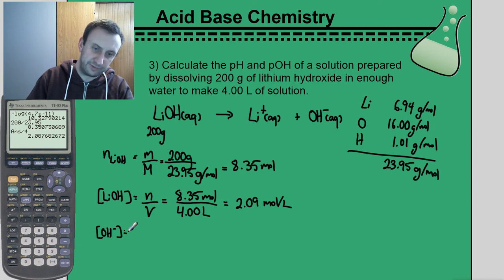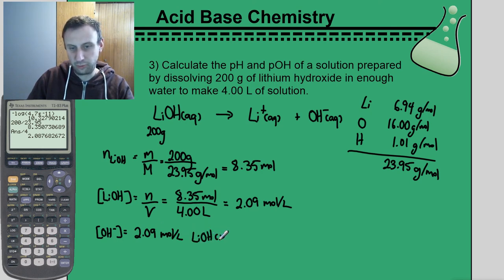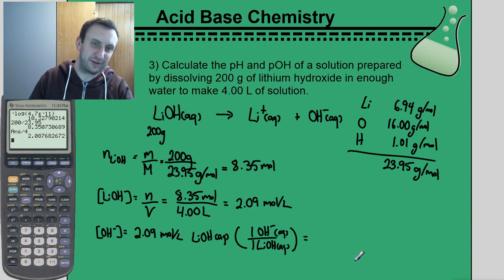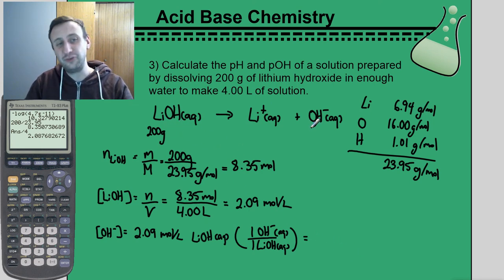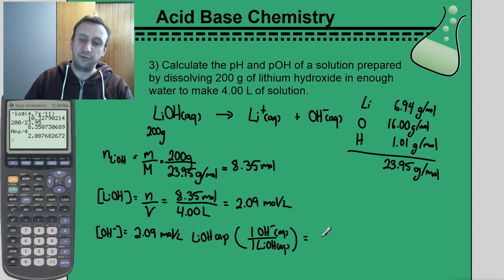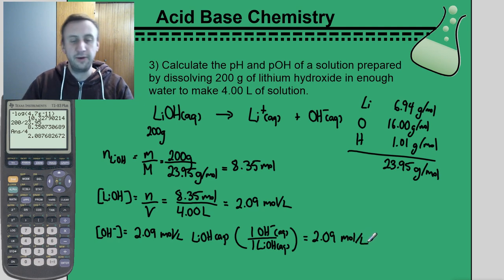So OH minus is equal to 2.09 moles per liter of LiOH aqueous multiplied by 1 hydroxide, OH minus, over the 1 lithium hydroxide that I have going in. So all I'm doing here is just proving that my lithium hydroxide concentration is the same as my hydroxide. Every lithium hydroxide I put in turns into hydroxide when it dissociates in water.